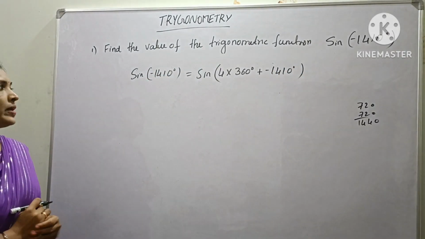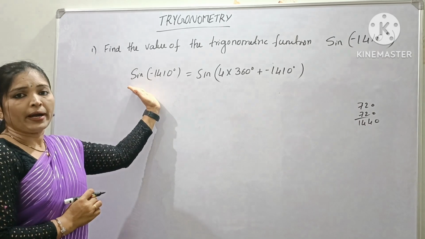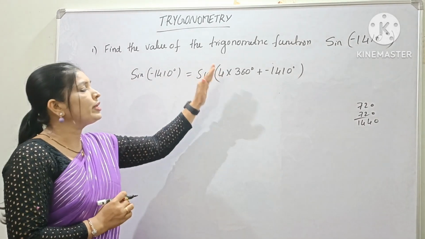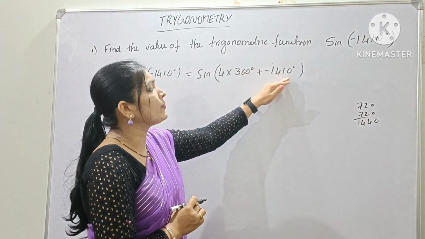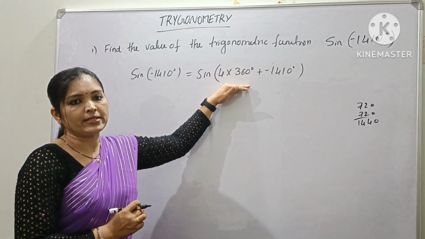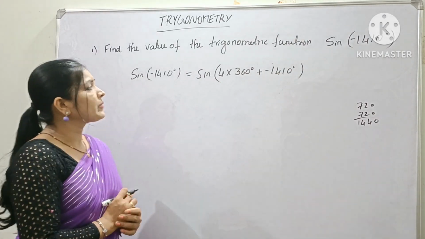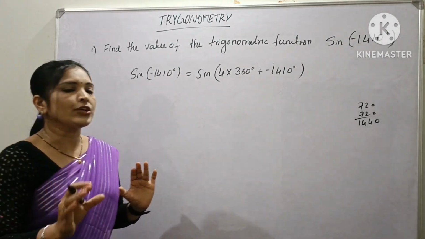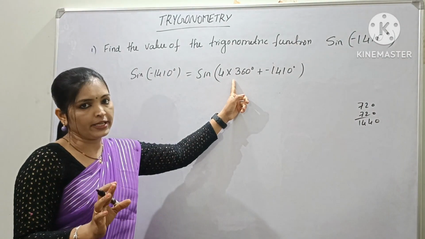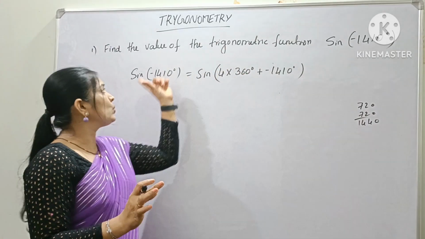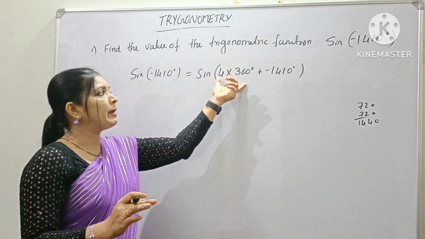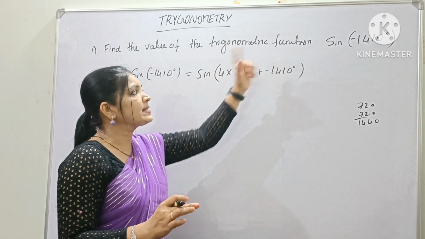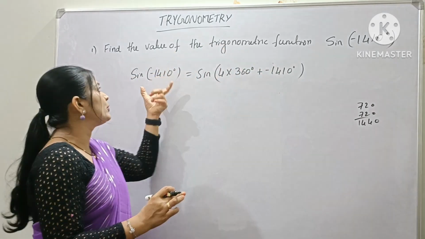Isn't it? It is nothing but sine of 4 into 360 degree plus minus 1410 degree. We can write it, right? Why? Because the sine value is repeating after an interval of multiple of 360 degree. It is equal to this one, that is multiple of 360 degree plus this number. So it is equal to this one.